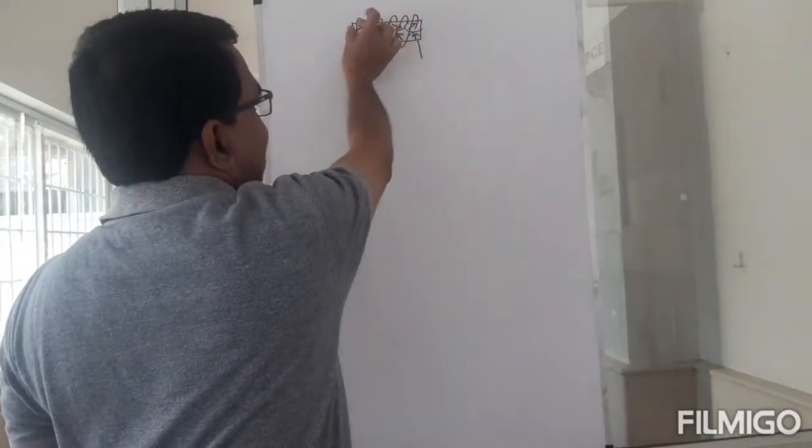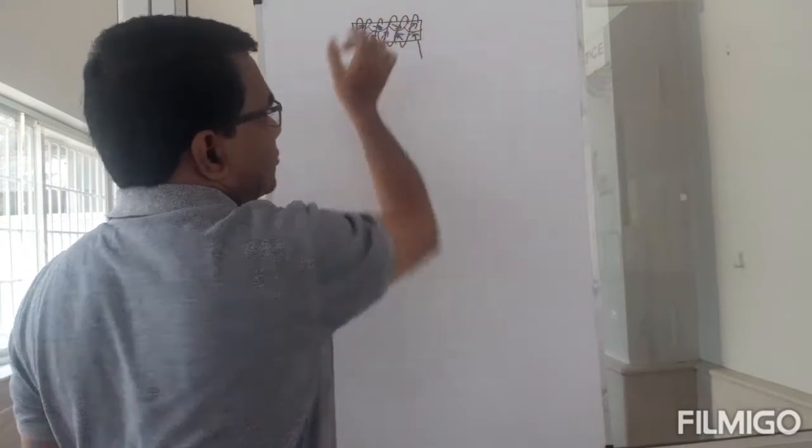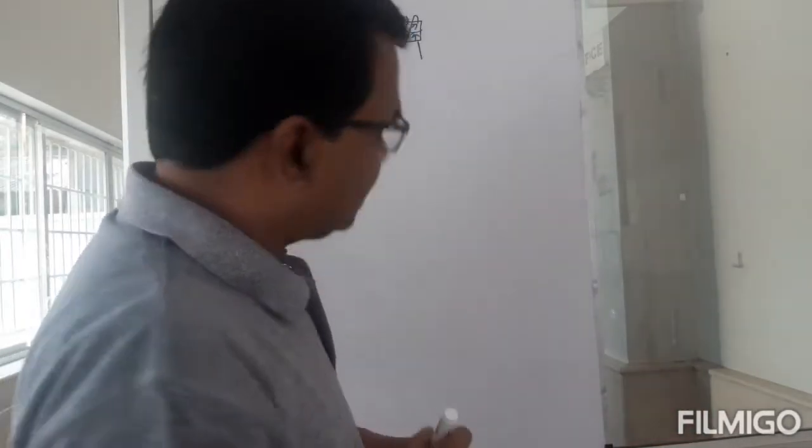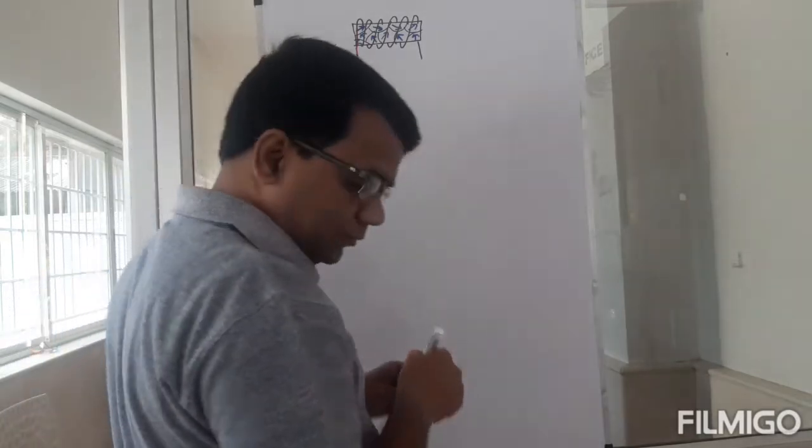So these little magnets, the domain magnets, will try to align. Not all of them will align, as the magnetic field is weak. Only a few of them will align. Okay. Then let's see what happens now. Let me pass current I through this.